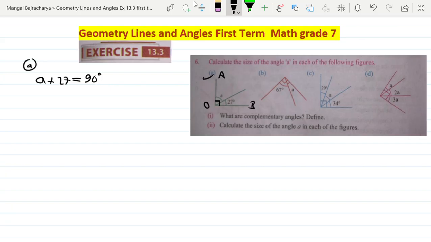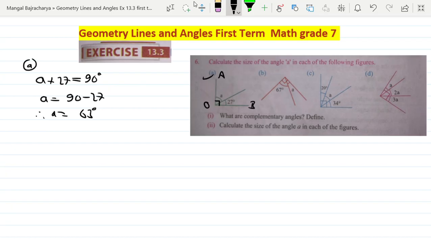After that, A equals 90 minus 27 degrees, we send it to the right side for subtracting. So this way you get A equal to 63 degrees. So the value of A is 63 degrees.